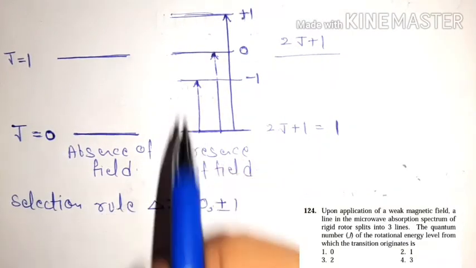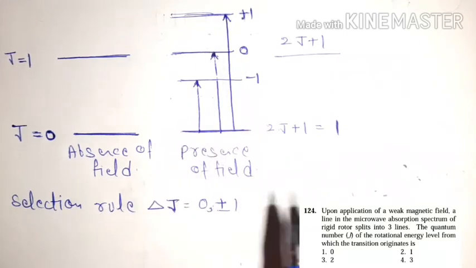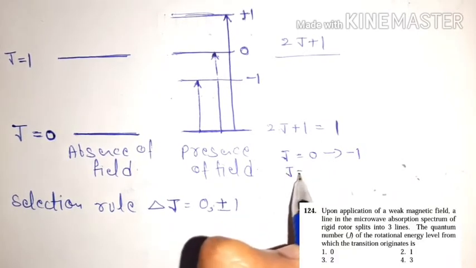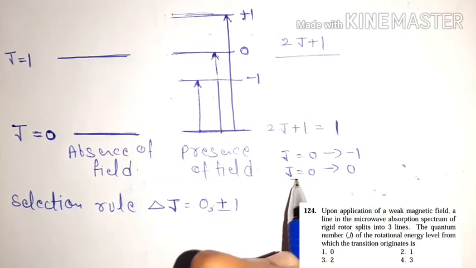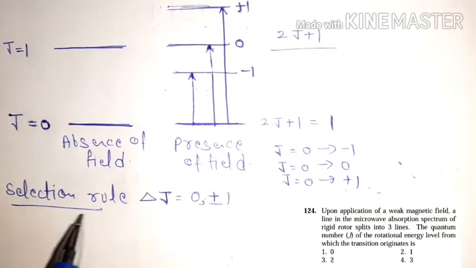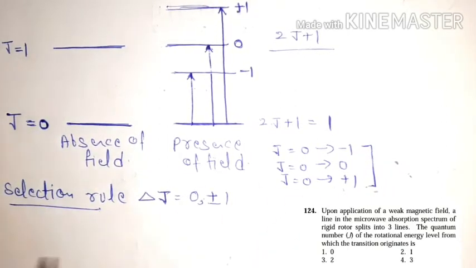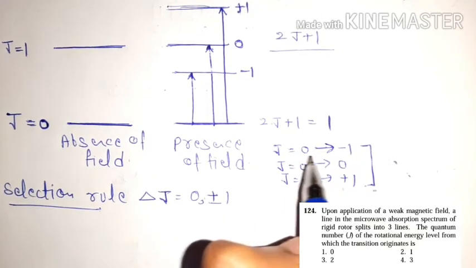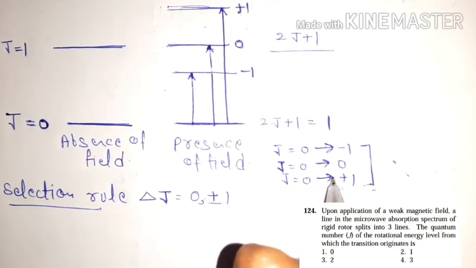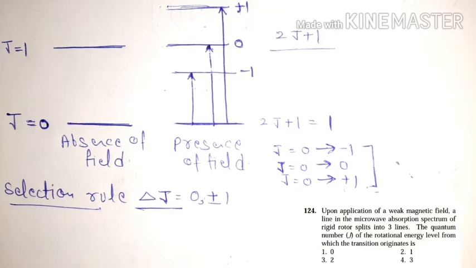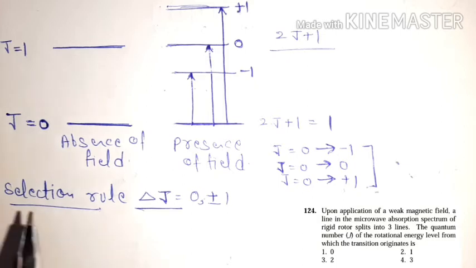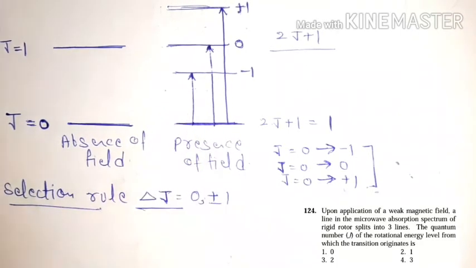So from 0 to minus 1, from j equals 0 to 0, and from j equals 0 to plus 1. You know very well that according to our selection rule, all these transitions are allowed, because in the first transition delta j is minus 1, here delta j is 0, and here delta j is plus 1, which are all allowed transitions. So we have 3 allowed transitions from j equals 0 to j equals 1. It means all these transitions originate from j equals 0.